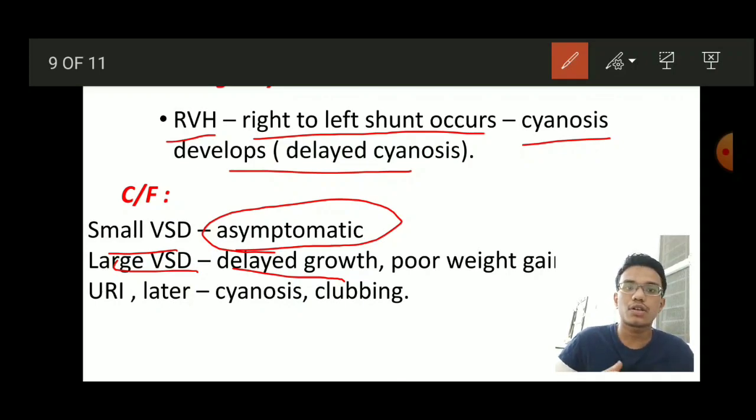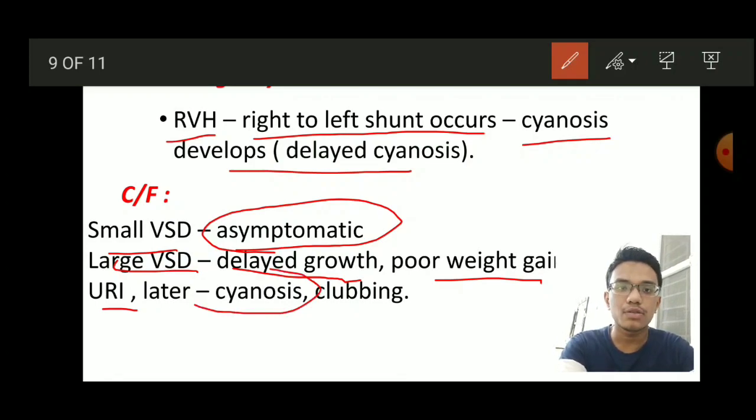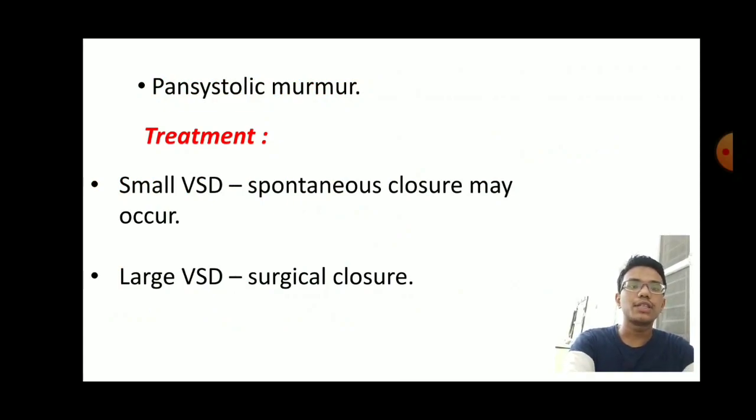So the oxygenation of the tissues will obviously be hampered. That leads to delayed growth, poor weight gain, and the nutrition and blood supply are also decreased, right? Also upper respiratory tract infections, and finally if the patient develops Eisenmenger syndrome, he will have cyanosis and clubbing features.